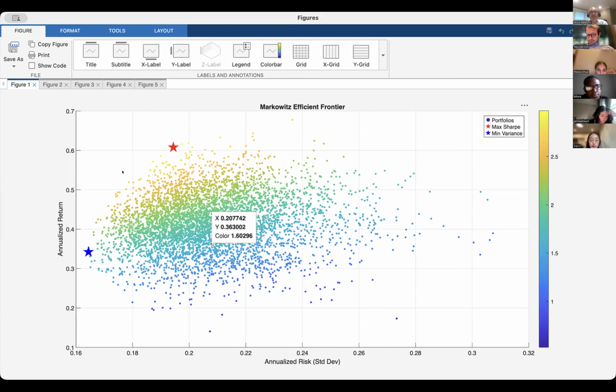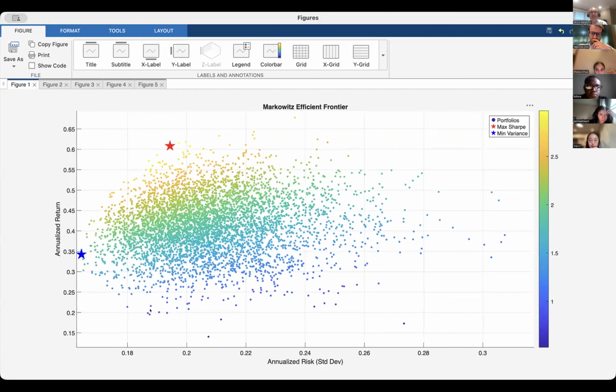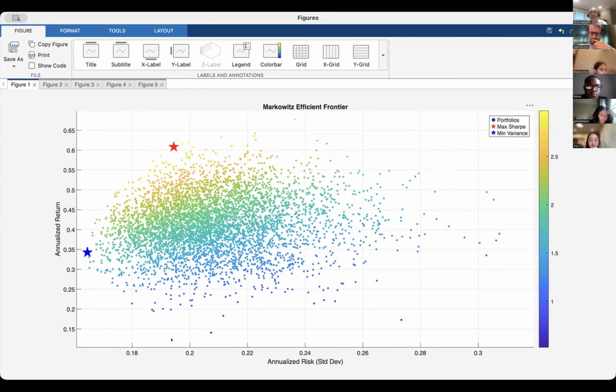Okay. This picture mainly shows the distribution of 5,000 random portfolios. I think this is very interesting: instead of using a fixed color, this function uses different colors to represent the different portfolios.